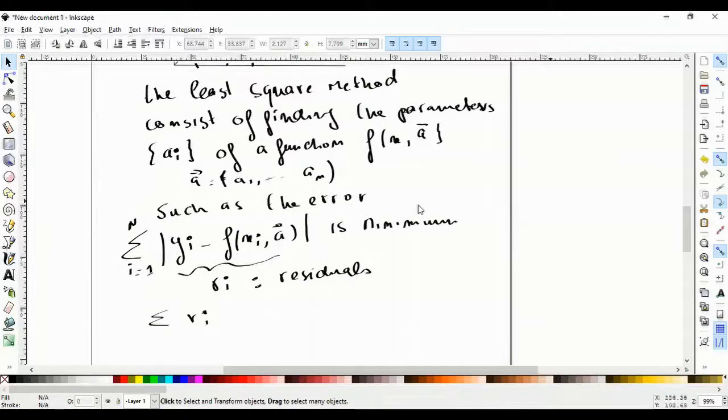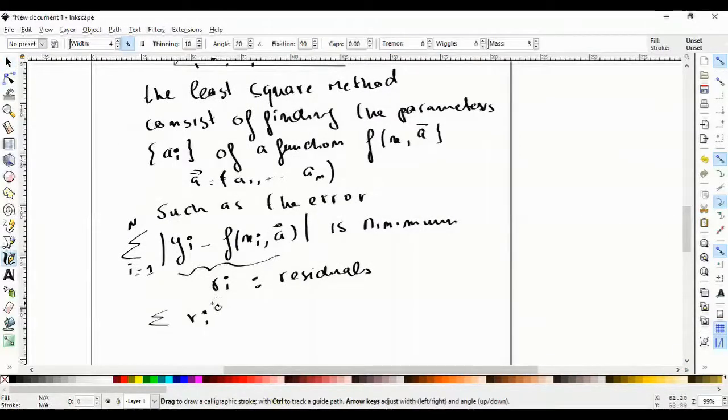So in order to minimize the error between the function and the points, the sum of ri squared must be minimum. Taking the absolute value or taking the square is the same thing.